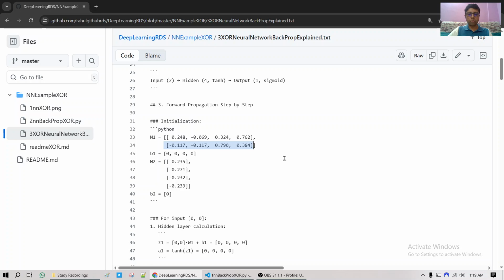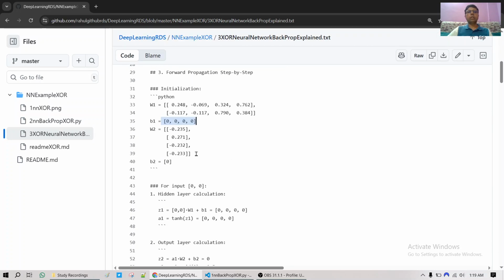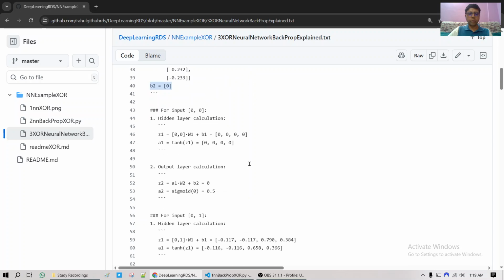For the bias, we have four nodes, so we have a bias vector for the hidden layer. And this is the weightage factor for the output layer, and we have the bias for the output layer.